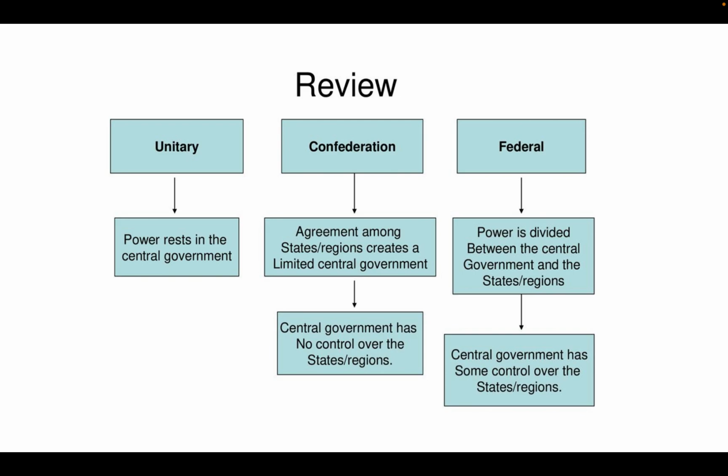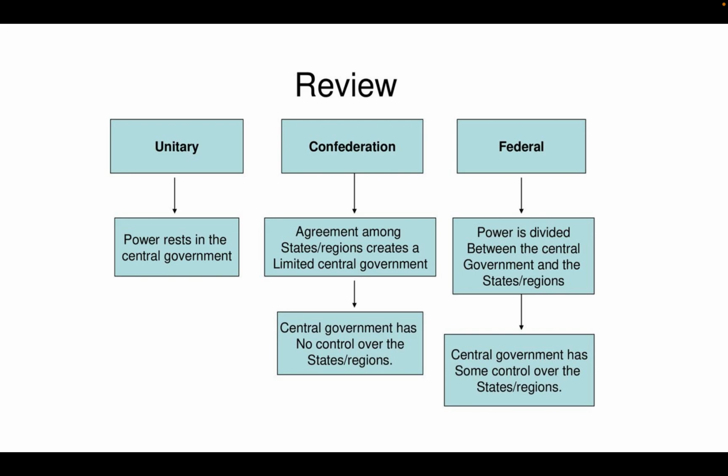In a confederacy, there is agreement among states, again sovereign states, to create a limited central government. The central government has no control over the states or region. These states are sovereign. Then the federal system, which is what the United States is, divides power between the central government and the states or the local regions. The central government has some control over those.